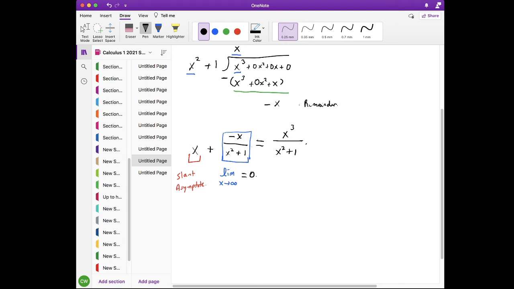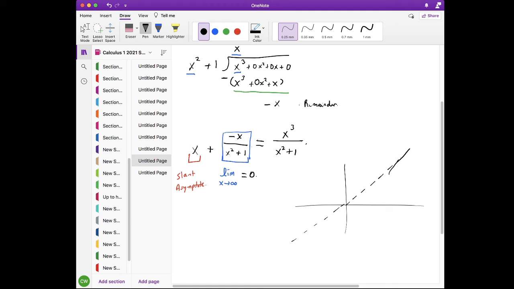So notice as x goes to infinity, this term is becoming nothing, right? And then what's left over is this slant asymptote. So as this thing goes to infinity, it's beginning to look more and more like a flat line, right? Because this extra term just becomes garbage, and the only term that's left over is x.